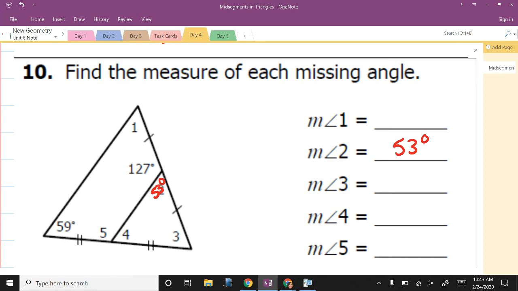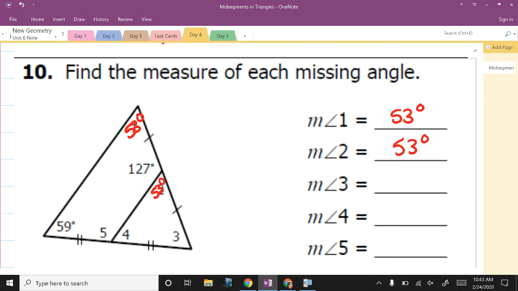So angle 1 is going to be how many degrees then? 53 again, because it's corresponding with angle 2 and it's a linear pair with 127. Angle 3, I might have to wait on that a second.